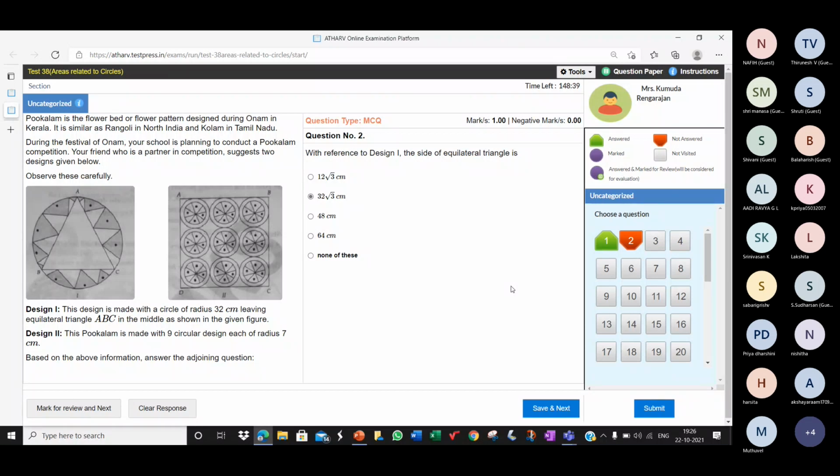Yeah, rationalize. Correct. I'll wait for you. Please rationalize, because we don't have such an option here. So we need to simplify it. Please rationalize and see if you're getting 32√3. Yes, ma'am, got it. Very good.